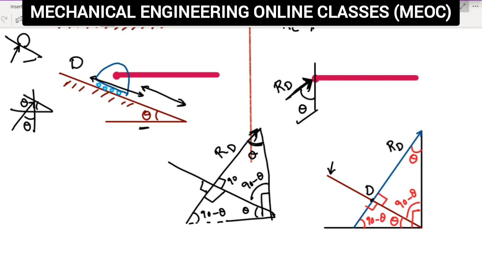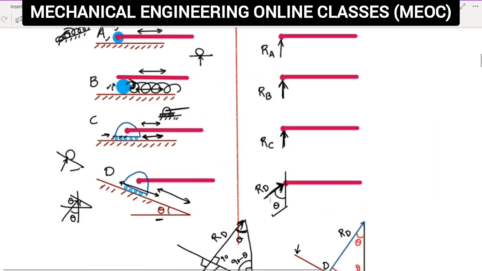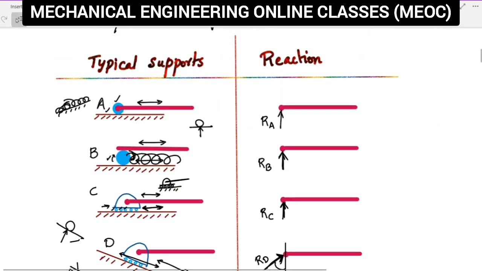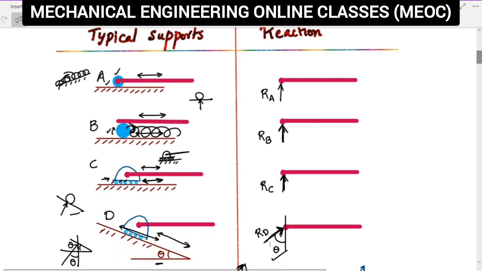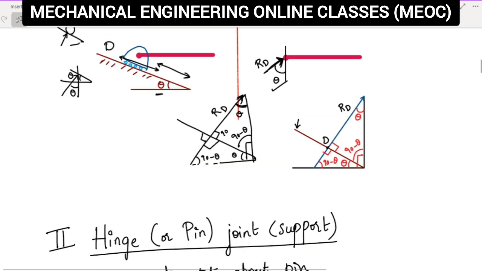Now this is one support, and the support reactions are shown here. Let us look at another type of support, a hinge or pin joint. Pin joint means it is just like you pin a calendar onto the cardboard.